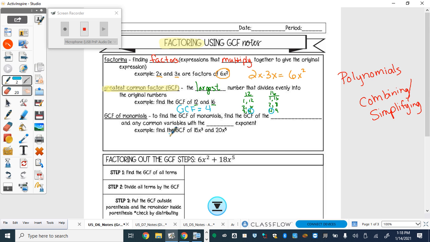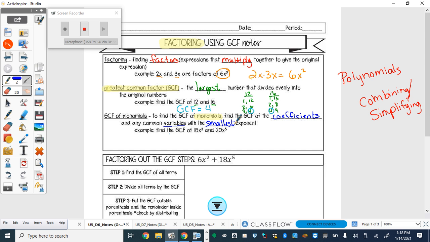So the GCF of monomials, and remember monomials means that it is one term. The way we do that is you find the GCF of the coefficients, kind of like what we were just doing with the 12 and the 16. You're trying to find that largest number that goes into both of those, and then any common variables with the smallest exponent.